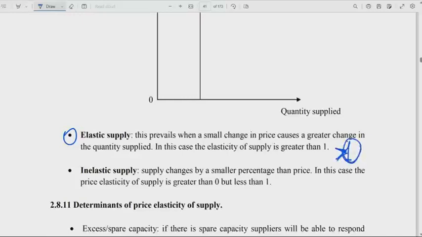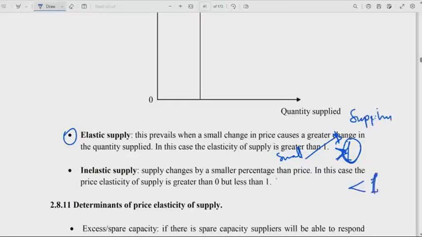What it means is that a small change in price will cause a greater change in the supply, right? The quantity supplied.